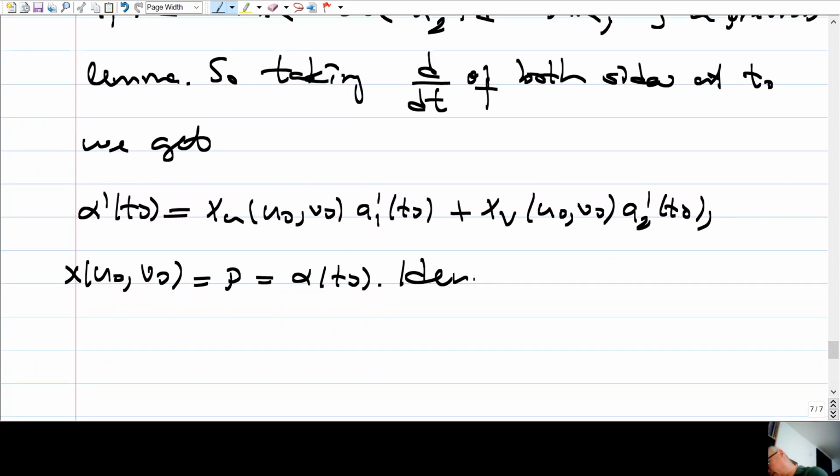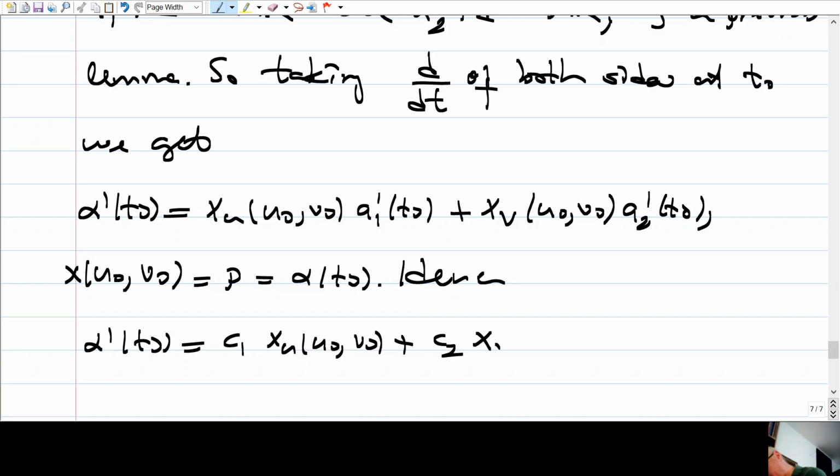Hence alpha prime t0 is just c1 times x sub u (u0, v0) plus c2 times x sub v (u0, v0), where ci is just ai prime t0.